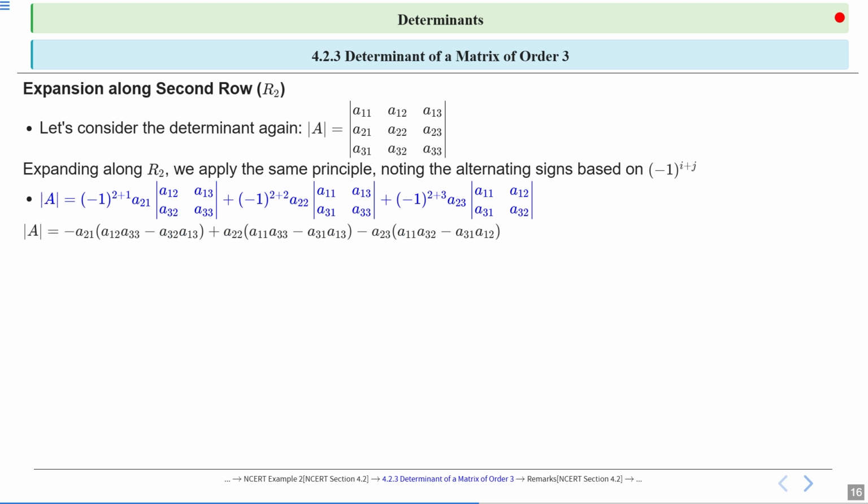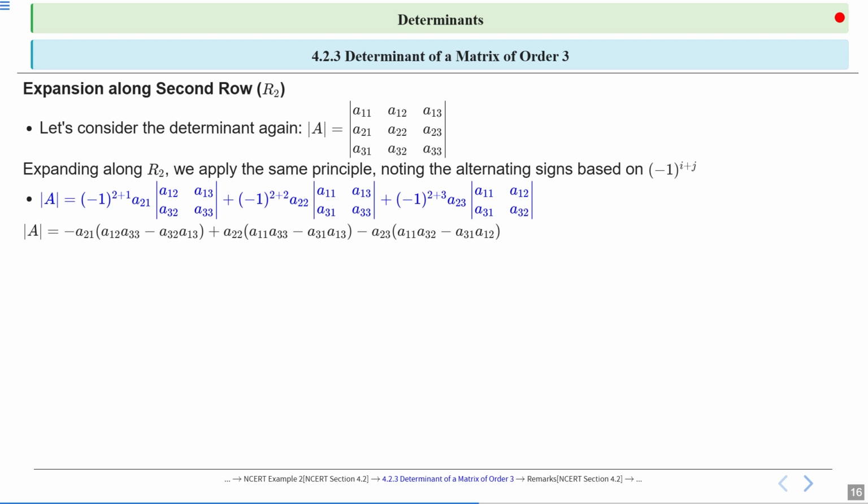By using the formula for a 2 cross 2 determinant, that is product of diagonal elements minus product of off-diagonal elements, we get the determinant of A as minus A21 times (A12 A33 minus A13 A32).